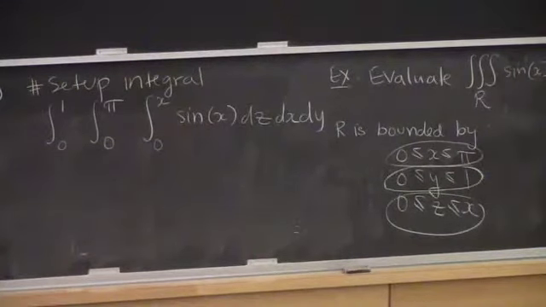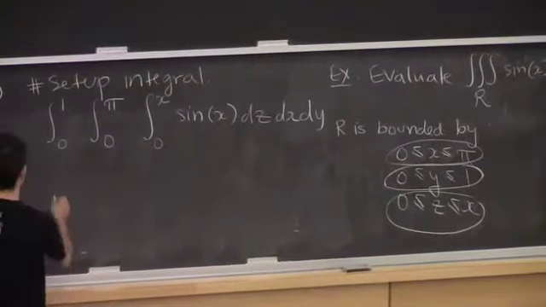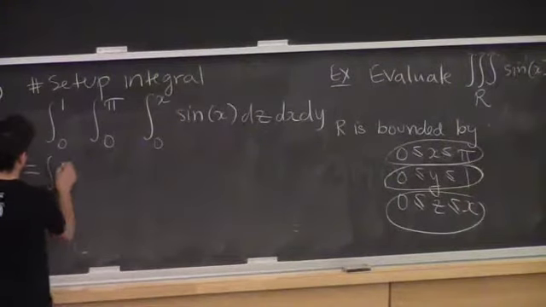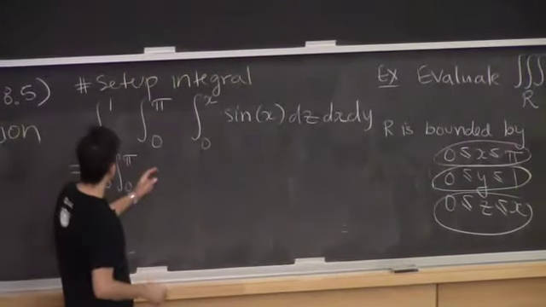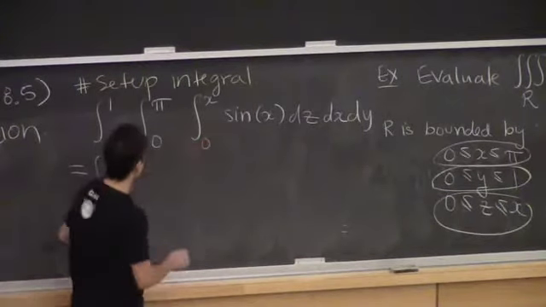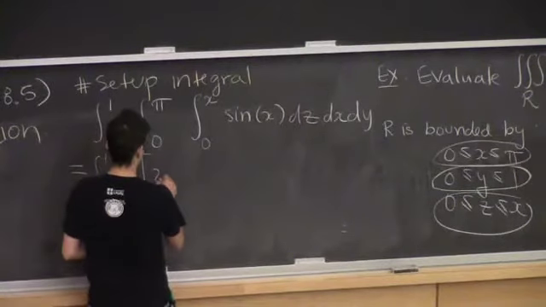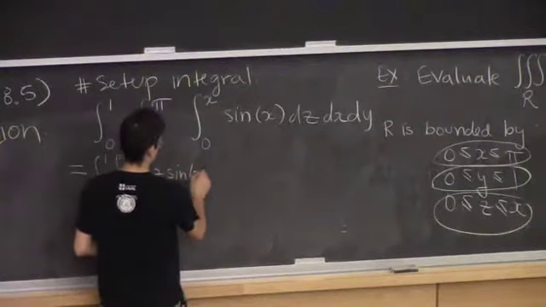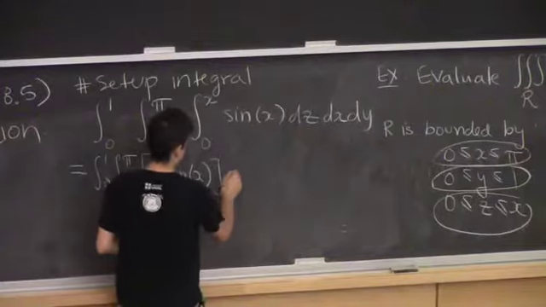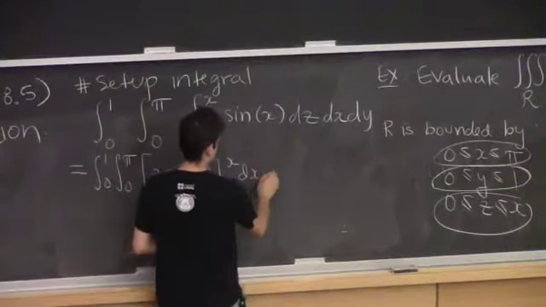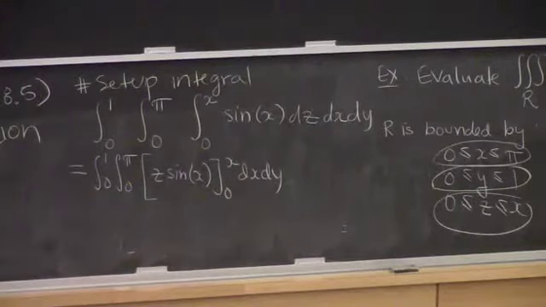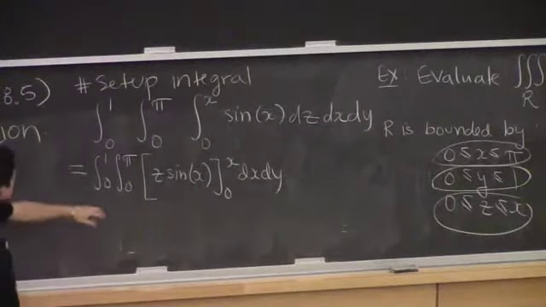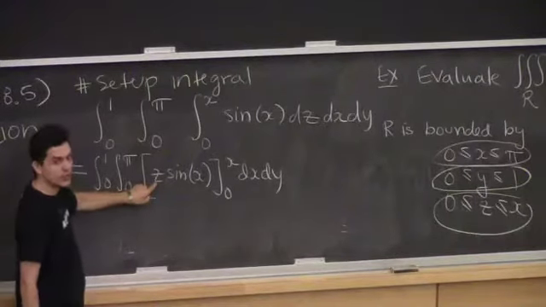Okay, so now we integrate this guy. Good. Here we have to integrate in z. Okay, sine x is constant with respect to z. So when we integrate it, we pick up a coefficient here, z.